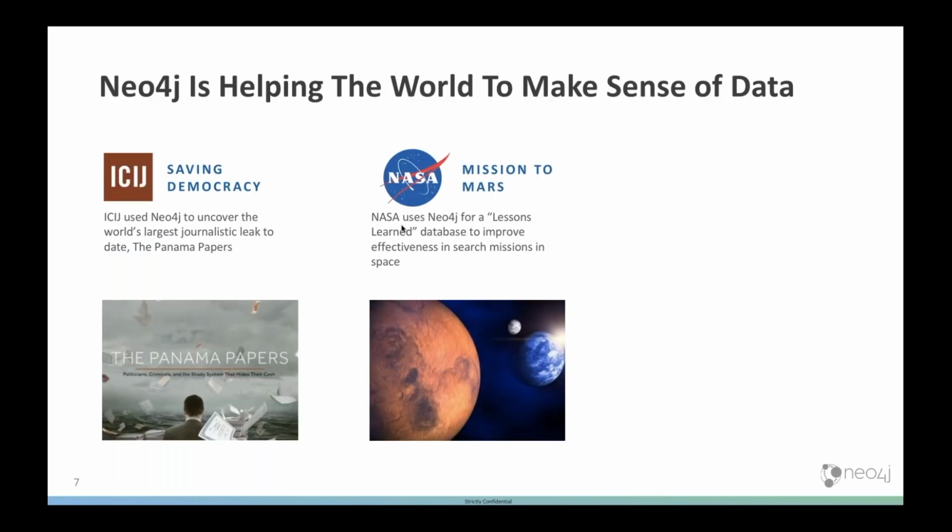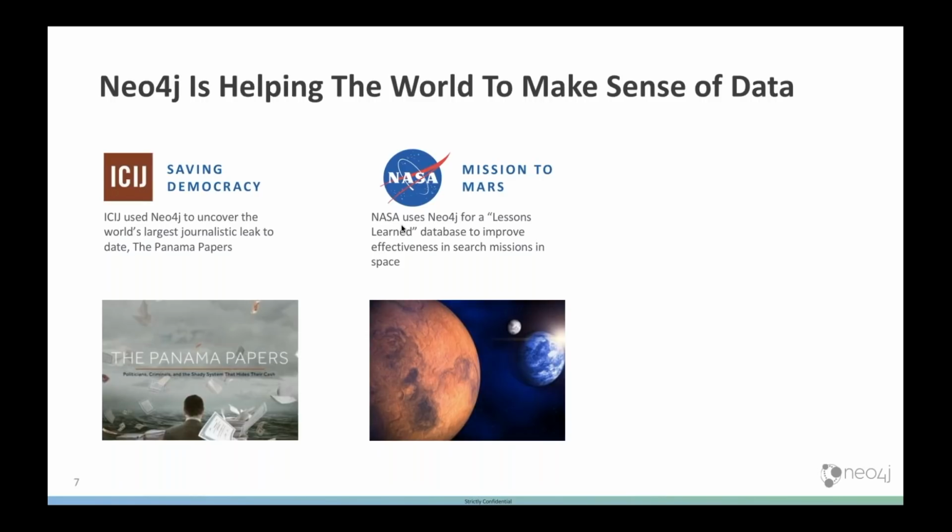So also on Graphs for Good, NASA is a big user of Neo4j, and it's not us that say this, it's NASA that say this. That NASA say that the benefits of the data that they've put into the Neo4j database will put a man on Mars 2 years sooner than they would otherwise have been able to do.